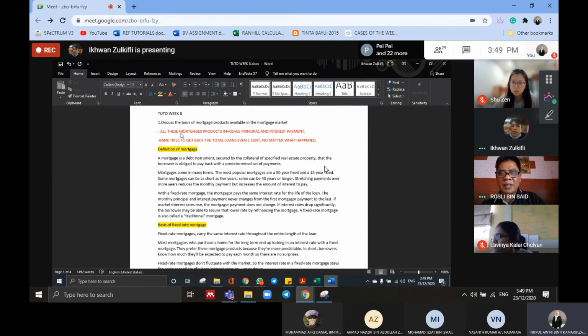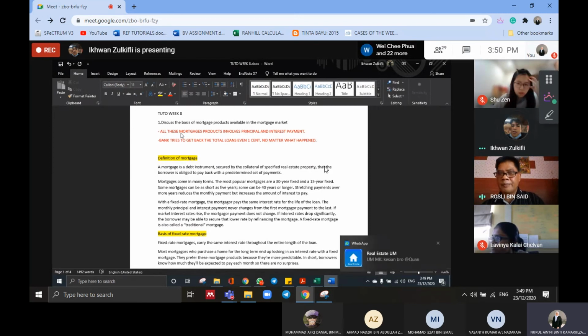That's the two bases of the mortgage product. Okay, must be there. And then you can elaborate further if anything happens to the loan, let's say due to the default, so what is the bank supposed to do? Auction. Yes. Foreclosure.